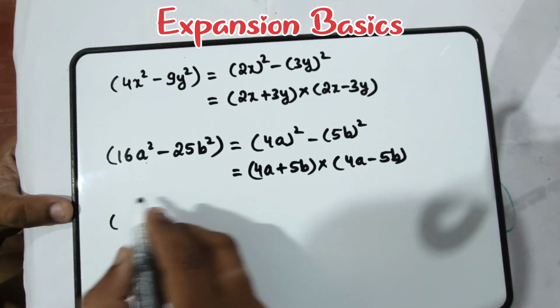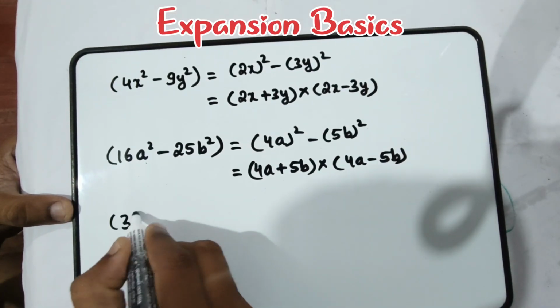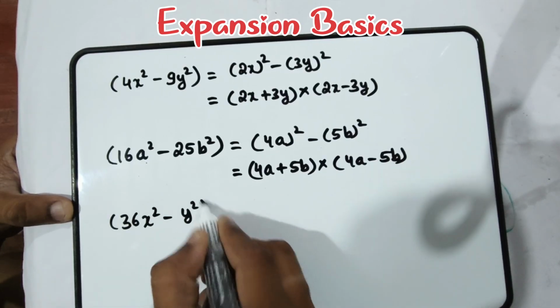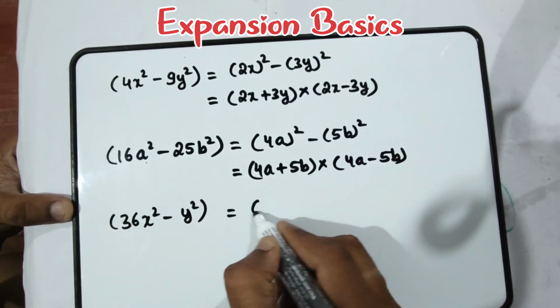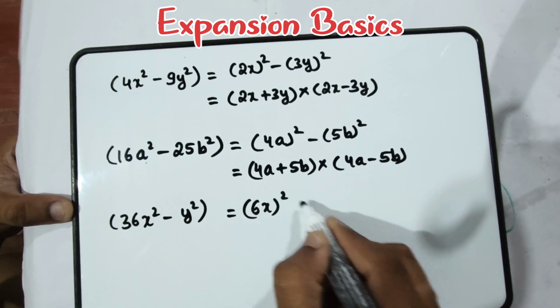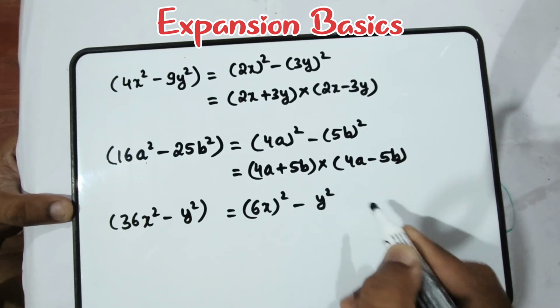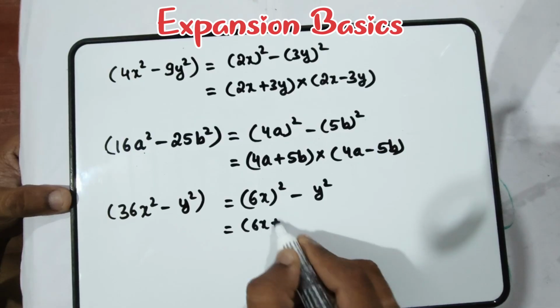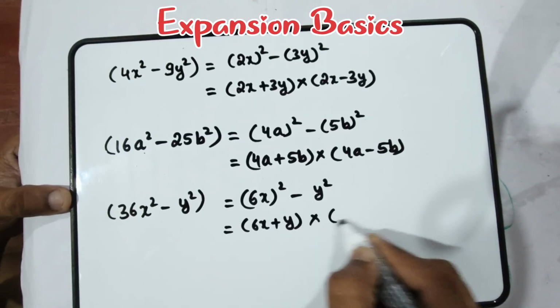Let us take one more question. 36x square minus y square. 36x square can be written as 6x bracket square minus y square. It is 6x plus y into 6x minus y.